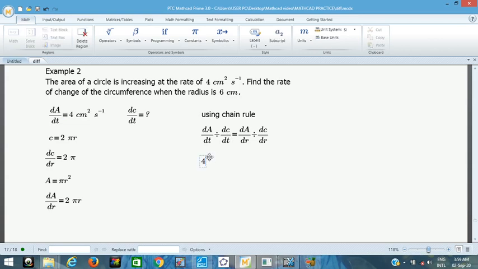So I have 4 divided by dC/dt, which is what I'm calculating now, and then it will be equal to dA/dr. dA/dr is, we did the differentiation, 2 pi r, divided by dC/dr, and you can see dC/dr, which is the circumference of a circle, which is 2 pi r.